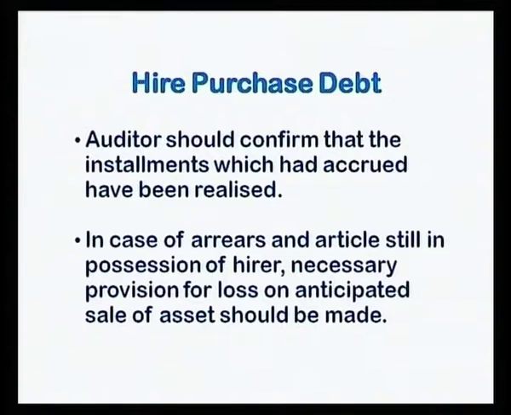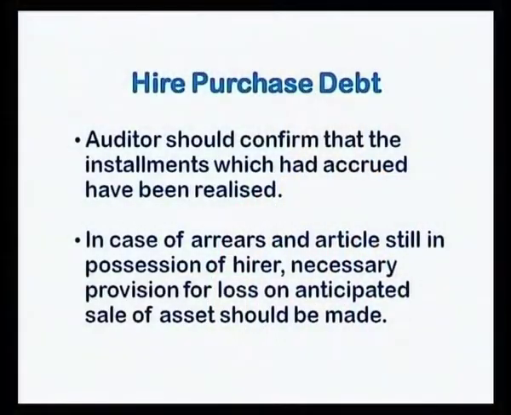The auditor should confirm that the installments which had accrued have been realized. In case of arrears and articles still in possession of the hirer, necessary provision for loss on anticipated sale of the asset should be made. Hire purchase agreements are those in which the ownership does not pass until the last installment has been paid by the hirer. So in that case, the auditor should confirm that the installments which have accrued have actually been realized.